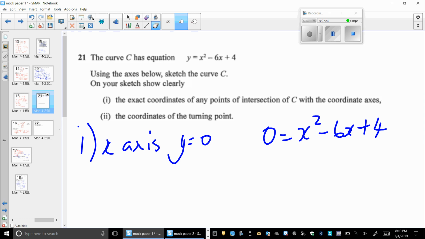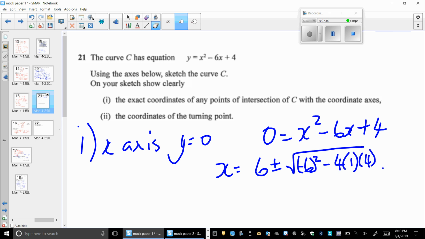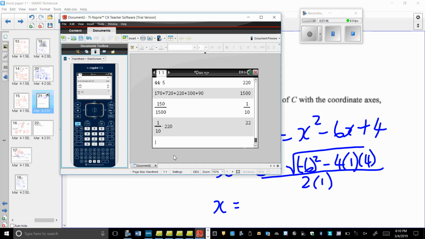So we're going to use the formula. So x is positive 6 plus or minus the square root of negative 6 squared minus 4 times a times c, over 2a. And remember, you can then just chuck that in your calculator.